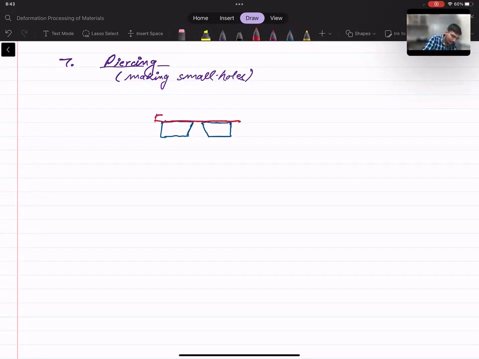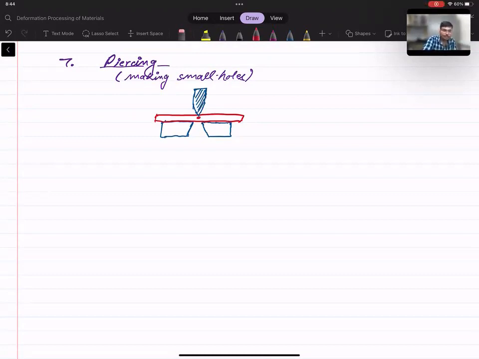On this the blank is kept like this, and a very sharp punch is used to punch the hole out here. So like this, there is a punch which is very sharp, and it pierces a hole here.